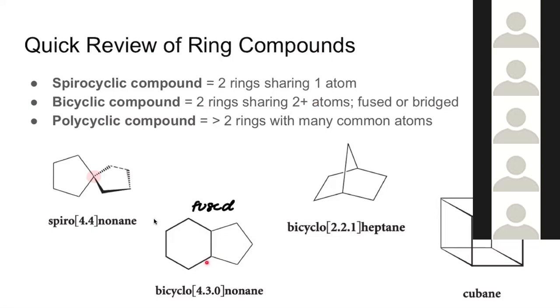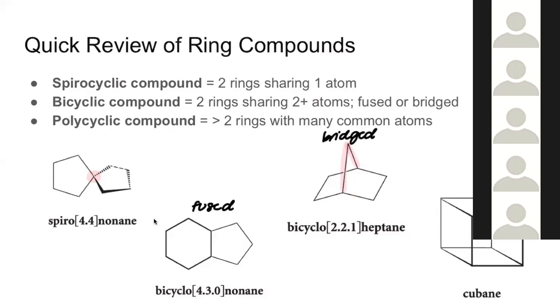They don't stick up. Whereas in something like a bridged bicyclo compound, you're going to see this thing sticking up. This, I believe, is just called the bridge. We will get more into that in a second. And you're going to see that this guy is not in the same plane as the rest of the ring.